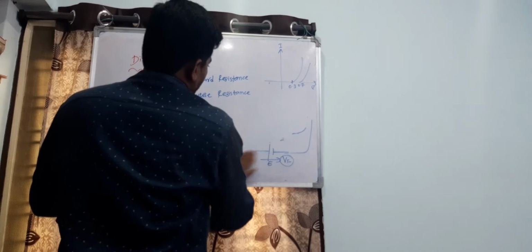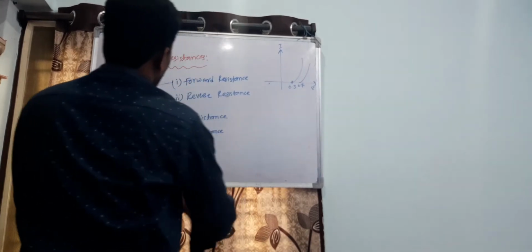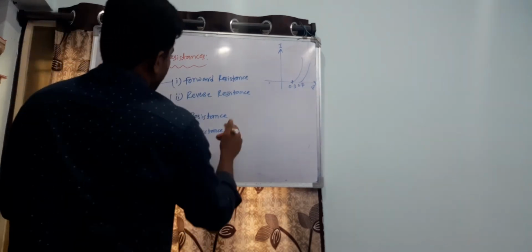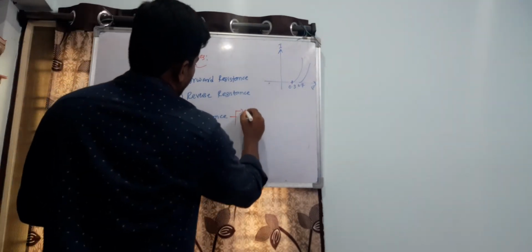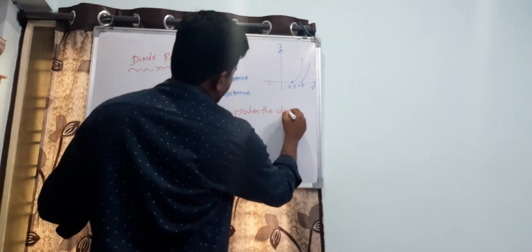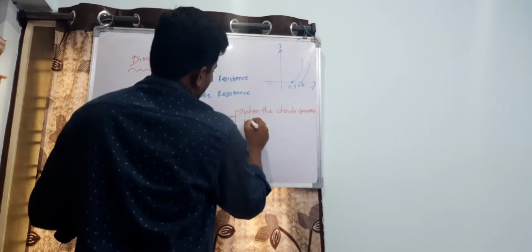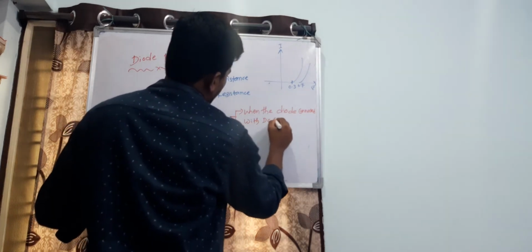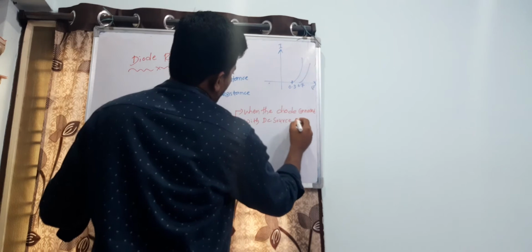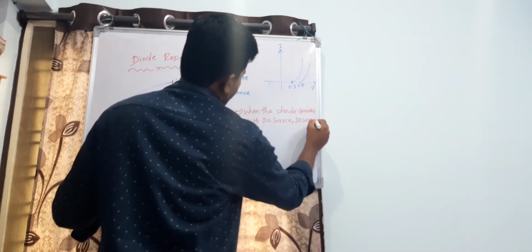Okay. So static resistance. When we say static resistance and when we say dynamic resistance, it's a simple example. Static resistance is when the diode is connected with a DC source, and DC current flows through the resistor.